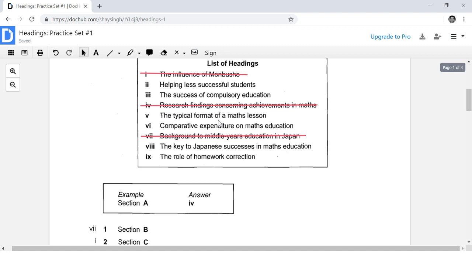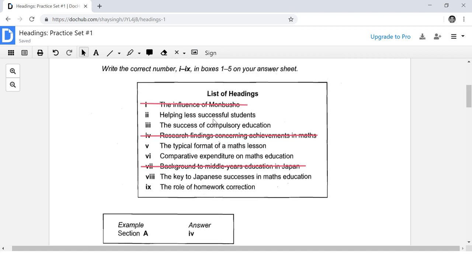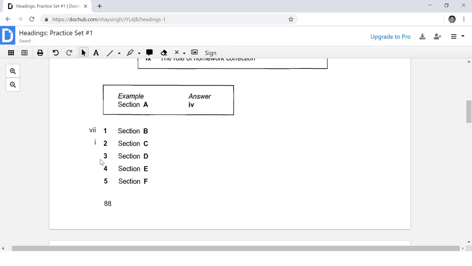I know that this is the right answer because no other answer choice is talking about the format of the lessons. So that's how you know. Okay? So you really don't have to read any more than the first sentence. And maybe if you don't find the answer, then you can look at the second sentence and the last sentence. But you should be able to find the answer right away after you read the topic sentence most of the times. So our answer is going to be number 5 for question number 3.